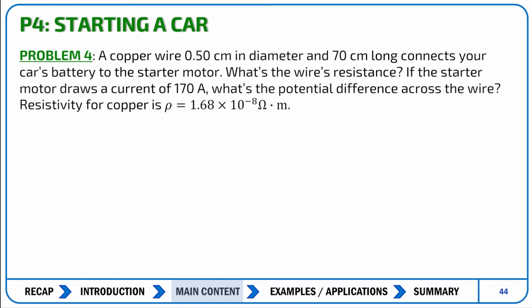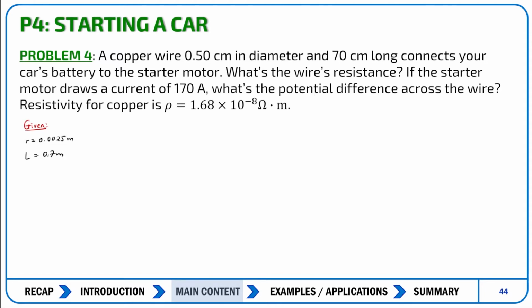So once again, I'm going to state all of our known values so that we know what equations we should probably use. Copper wire is 0.005 meters in diameter, so R is going to be 1/2 of that, 0.0025 meters. Now we have the length, which is 70 centimeters long, or 0.7 meters.